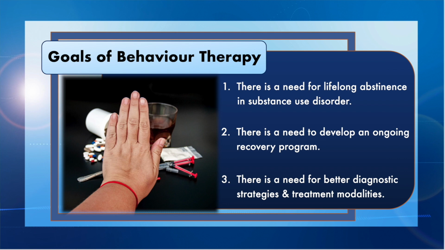Second, there is a need to develop an ongoing recovery program for substance use disorders. Third, there is a need for better diagnostic strategies and treatment modalities for substance related disorders and comorbidities also, for example, depression, anxiety, personality disorders generally seen in substance use disorders.